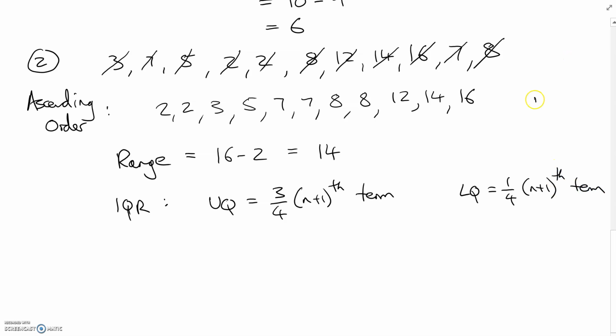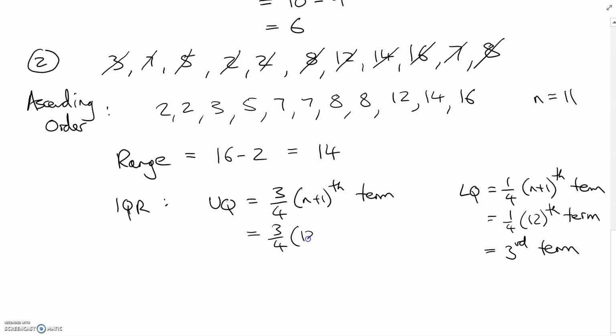And remember, n here is 11. There are 11 items in the list. So we add 1 on to 11, which is 12. So a quarter of 12 is 3. So we're looking for the 3rd term. That will be our lower quartile.